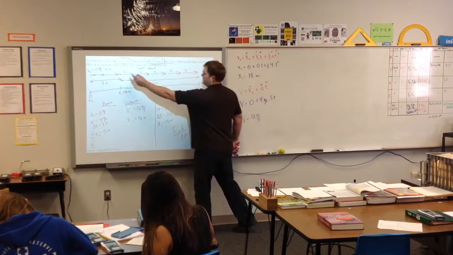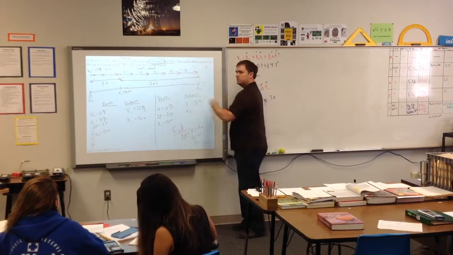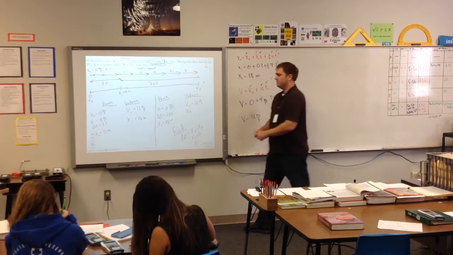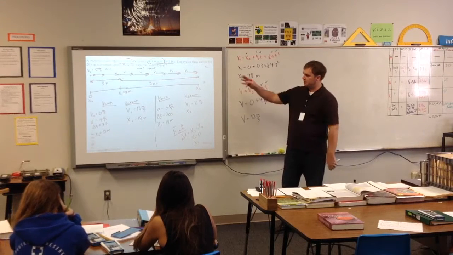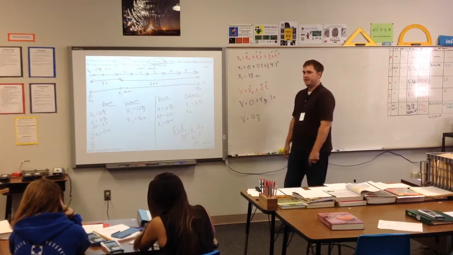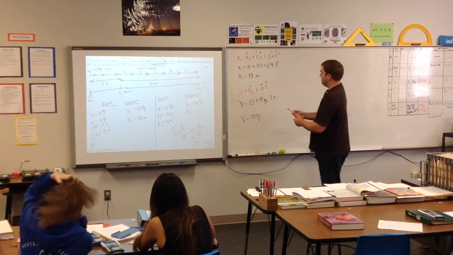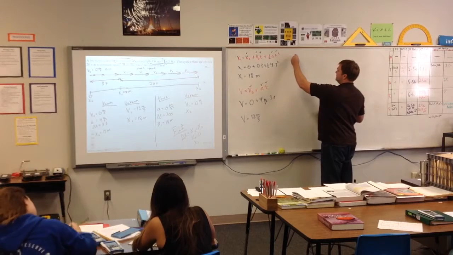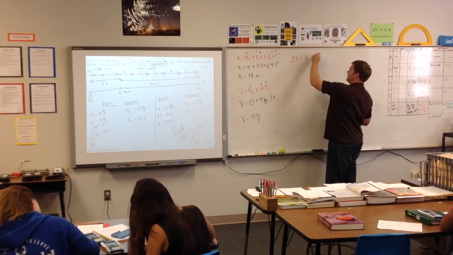So we know he's going 12 meters per second for 20 seconds. Okay? Any formula that we know that's going to deal with that? V times 20? Yeah, basically. That's the formula delta x equals v delta t.